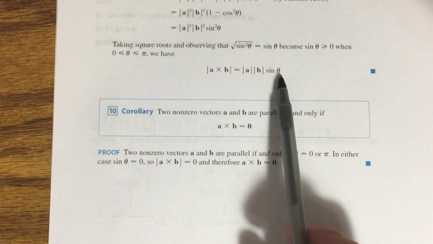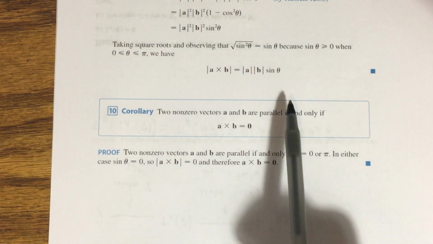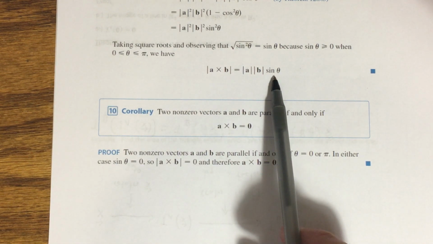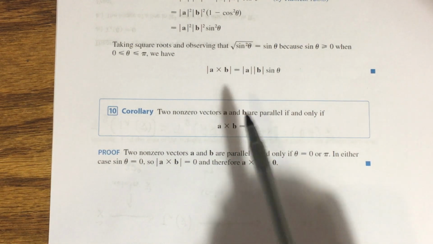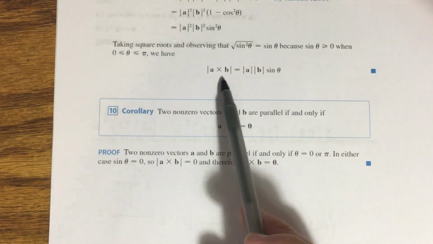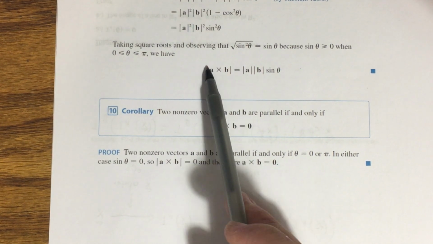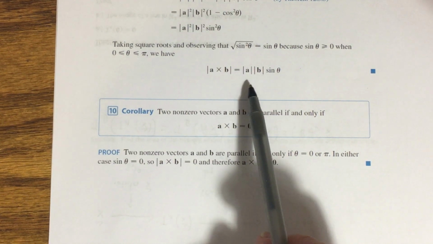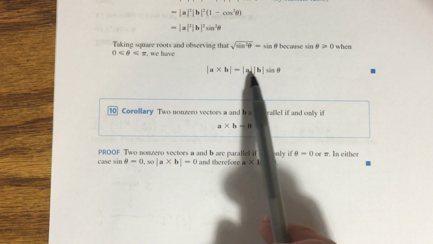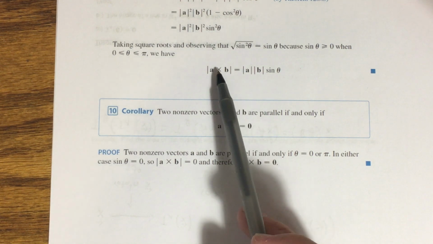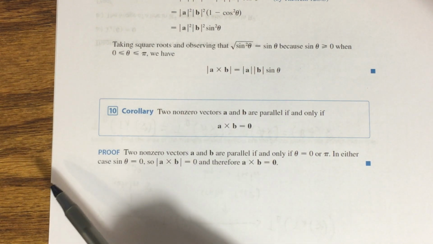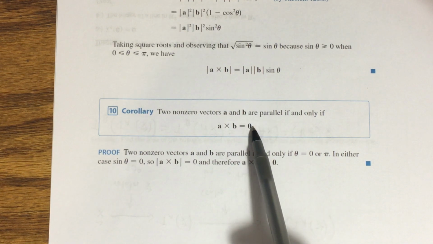But whether theta is equal to 0 or pi, sine of both of those values is equal to 0. So that would imply that the magnitude of two parallel vectors, the magnitude of A cross B is equal to the scalar 0. However, only one vector has a magnitude of 0, and that's the 0 vector.